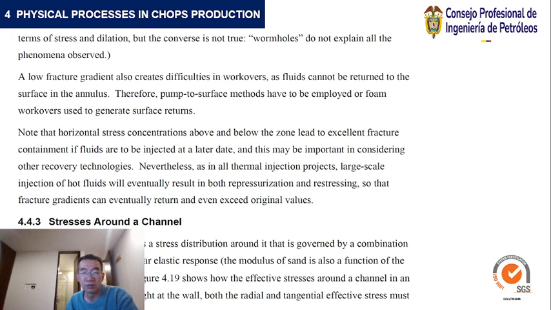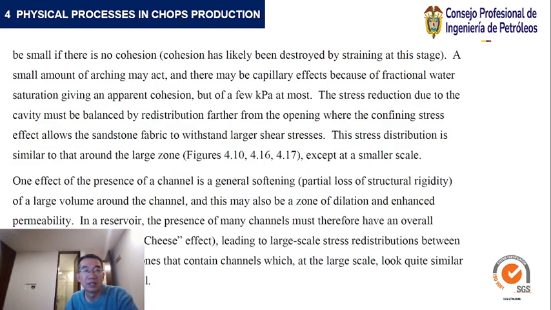Right at the wall, both the radial and tangential effective stress must be small if there is no cohesion. Cohesion has likely been destroyed by straining at this stage. A small amount of arching may act, and there may be capillary effects because of the fractional water saturation, giving an apparent cohesion, but a few kPa at most.